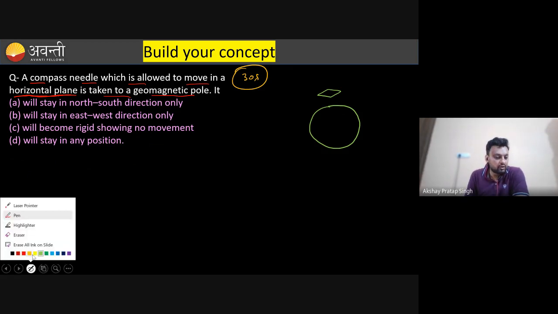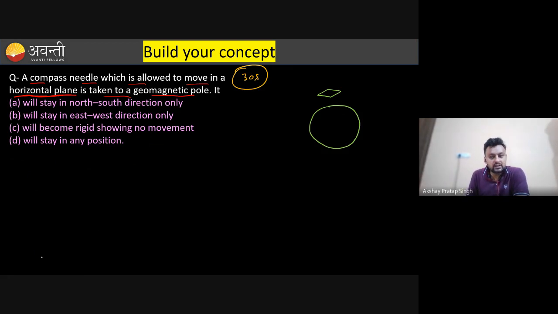But everybody knows that at the poles, the magnetic field is vertical. I hope everybody remembers the same thing. Now, this magnetic field will try to move the magnet in the vertical direction, or in its own direction, but the magnet can't move in the vertical direction. It is free to move in the horizontal direction only.